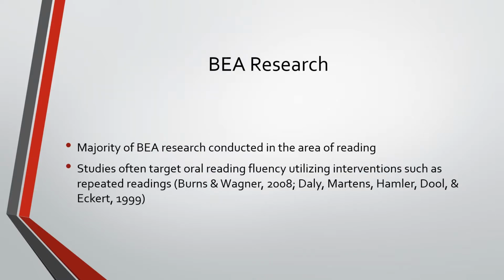Most of brief experimental analysis research has been conducted in the area of reading. Studies often target oral reading fluency and utilize interventions such as repeated readings. With oral reading fluency, we'll be looking at things such as words read correctly per minute for students. Several interventions will be rapidly alternated, and we'll see which ones have the biggest impact on their words read correctly per minute.